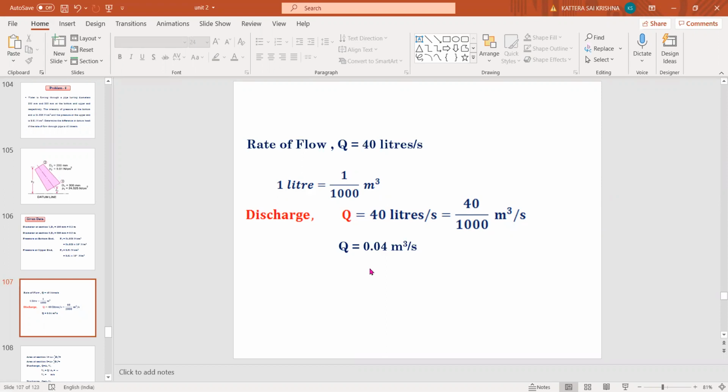The rate of flow, discharge Q, is equal to 0.04 meter cube per second.